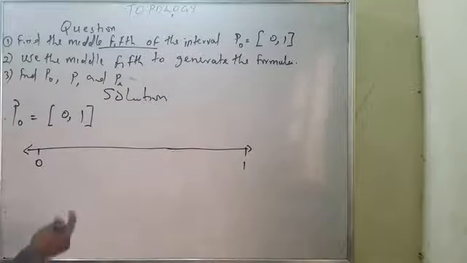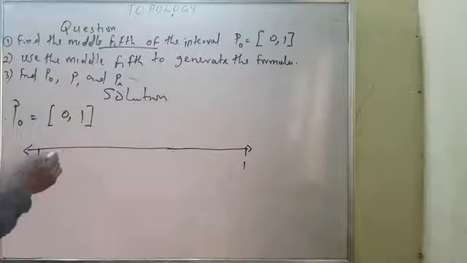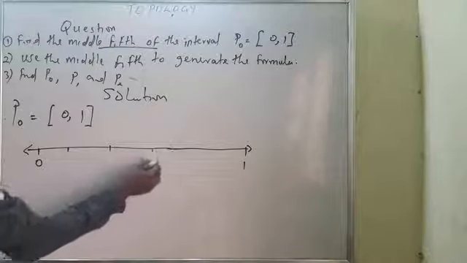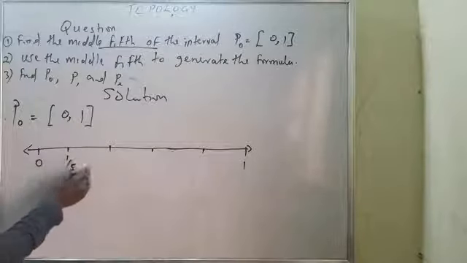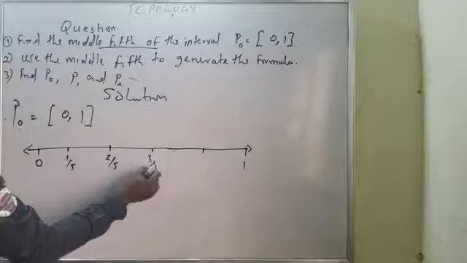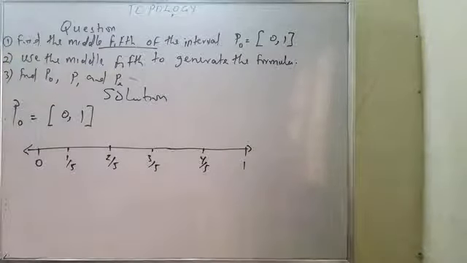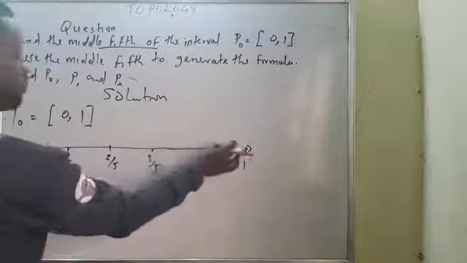Now, I want to divide it into fifths. I'm just dividing anyhow, because with the help of my graph, I will have it very good. 4 over 5. Can you see? Successfully divided into 5: 1, 2, 3, 4, 5.